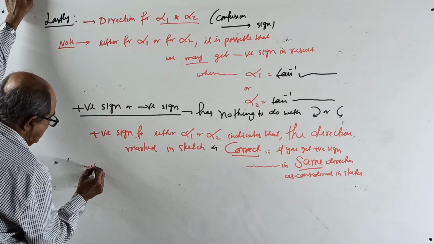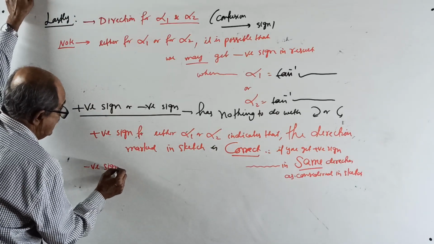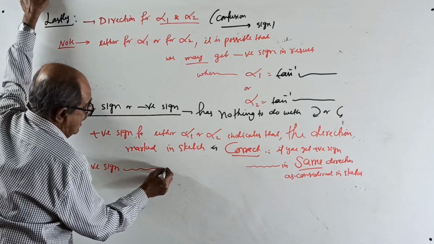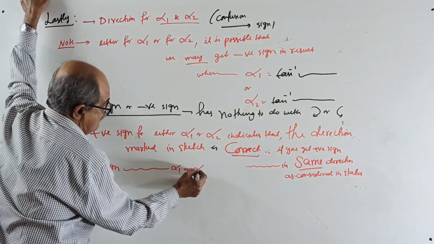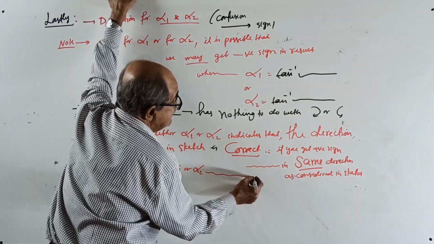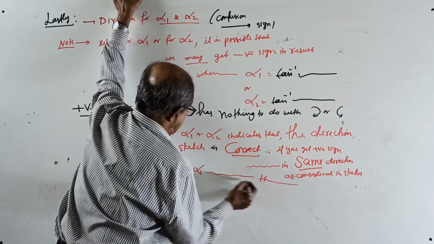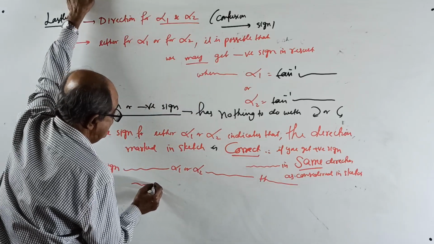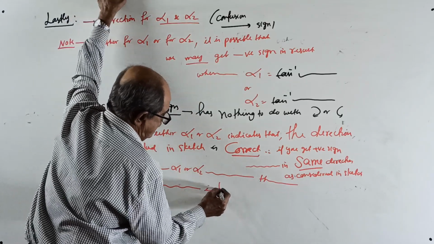Now write here: a negative sign for either alpha 1 or alpha 2 indicates that the direction marked in the sketch is wrong.